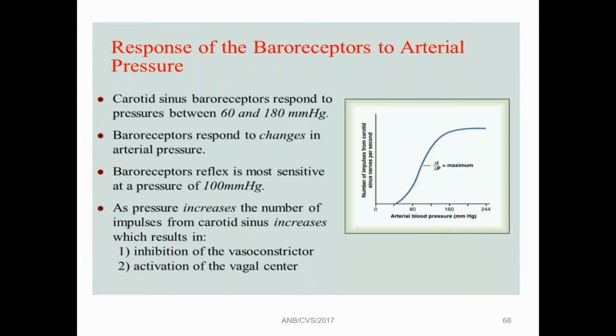Second, how will it bring down the increased blood pressure to normal? There is another area, the cardioinhibitory area, that causes activation of the vagal center. What is the role of the vagal center?